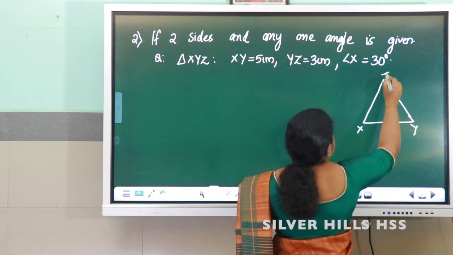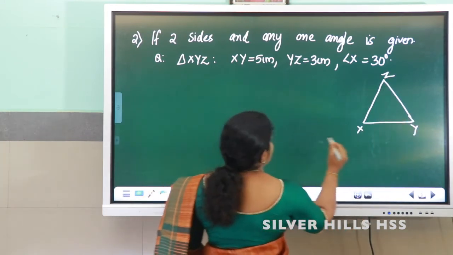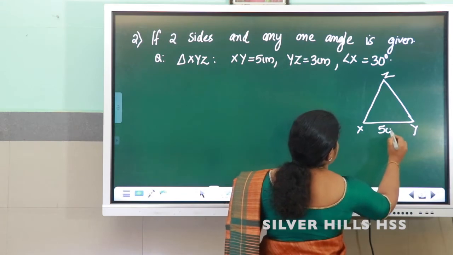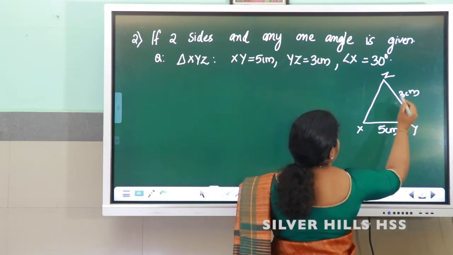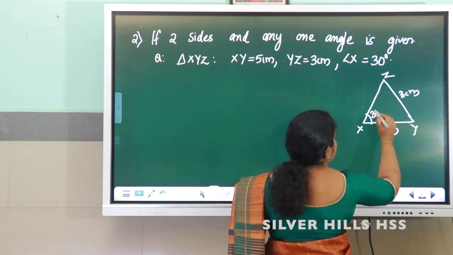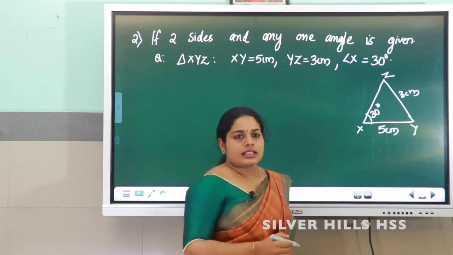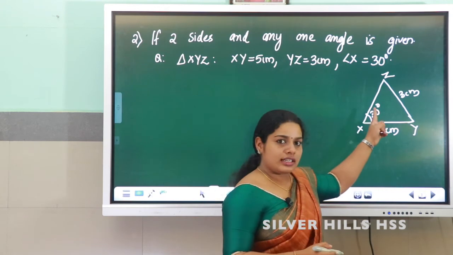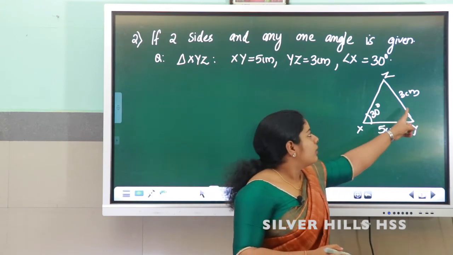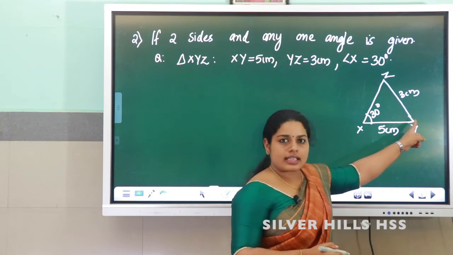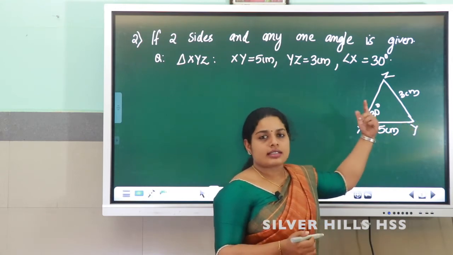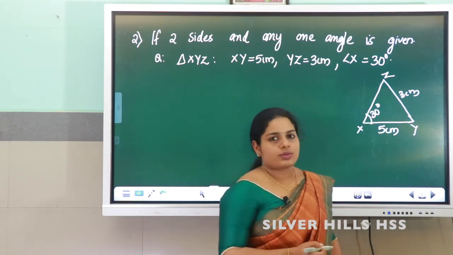Here XY is equal to 5 centimeter, YZ is 3 centimeter and angle X is 30. Angle X is not the included angle here. The included angle is angle Y, but it is not given; some other angle is given. In this case what will we do?